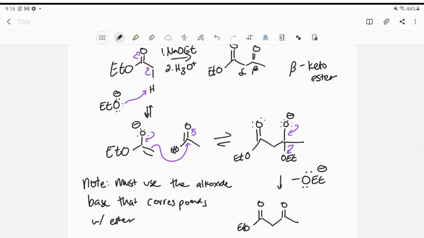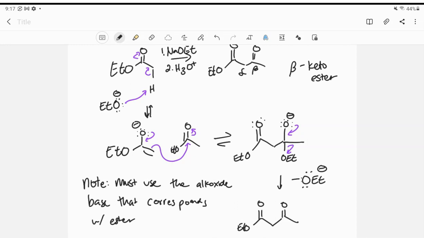So in order to make sure that doesn't happen, when you're doing a Claisen condensation like this, it's important that you use the alkoxide that is the same as your ester. So if you have an isopropyl ester, use isopropoxide as your base. If you have a methyl ester, use methoxide as your base.